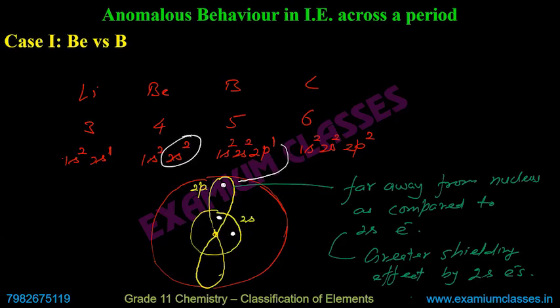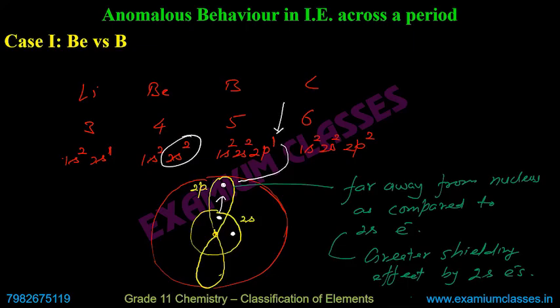These will repel the 2p electron because 2p electron is in outer region. 2s electrons cannot go beyond the 2s region. So this is one reason. Means greater shielding will be there for this electron. It means the effective force of attraction will decrease.